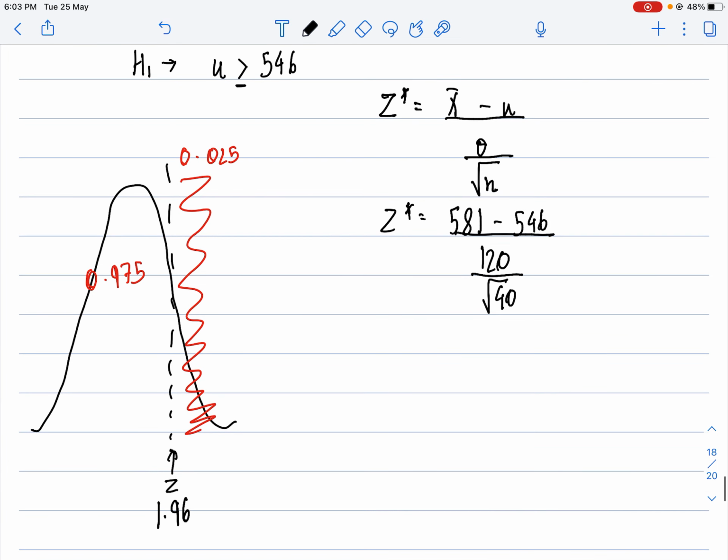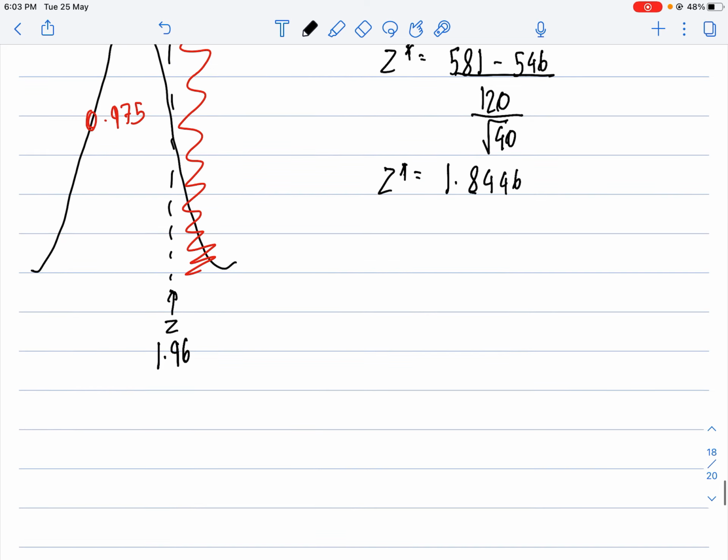Correct? So I can simply write this as 1.8446. Agreed?